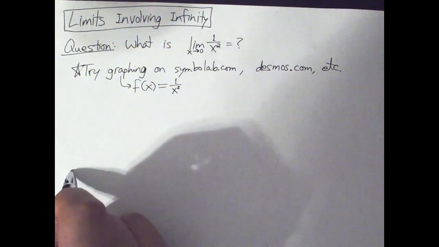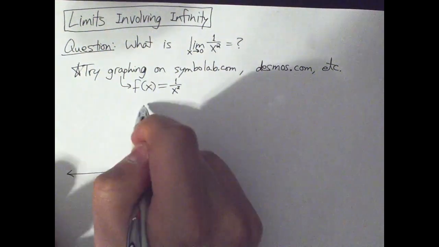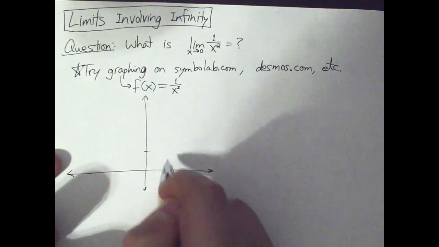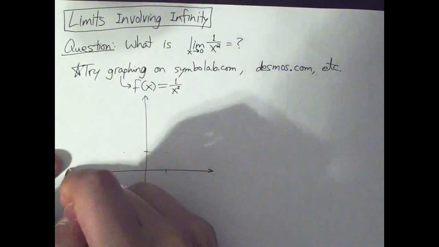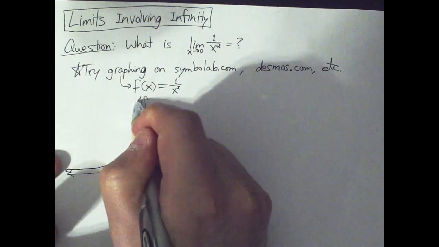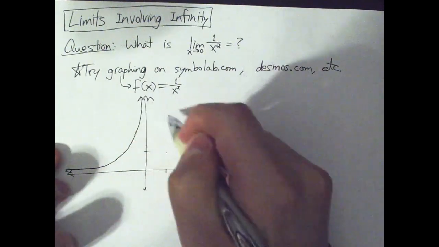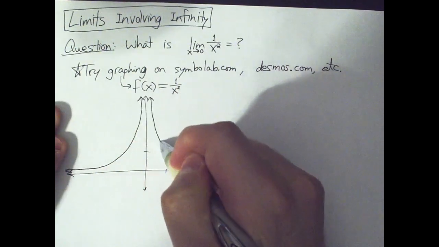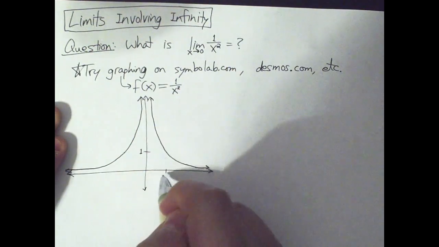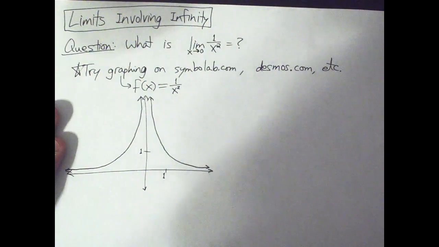What you should find is that the graph of this function looks something like this. If you use software, then you'll probably get a more accurate graph than what I'm doing here, but it looks something like this.